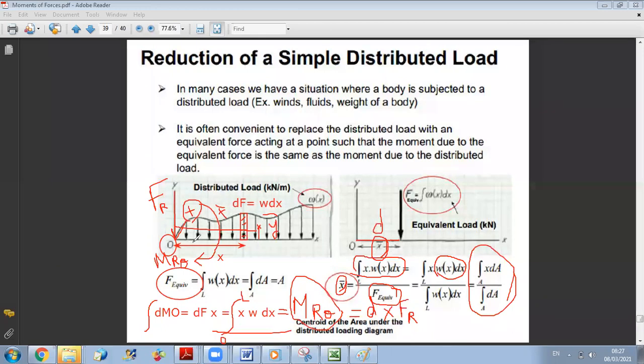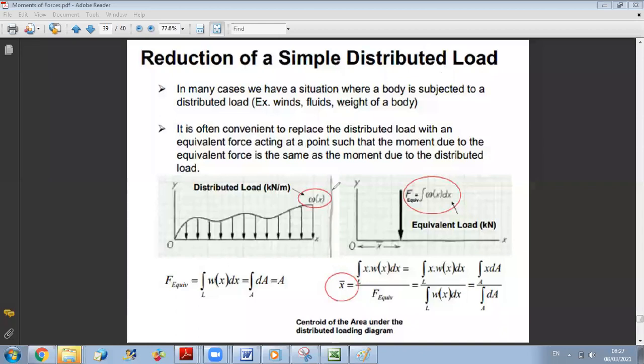If I have a distributed load and I want to replace it by one force, the first conclusion is that the force should be equal to the area under the curve. The second conclusion is that the force should pass through the centroid of the area.